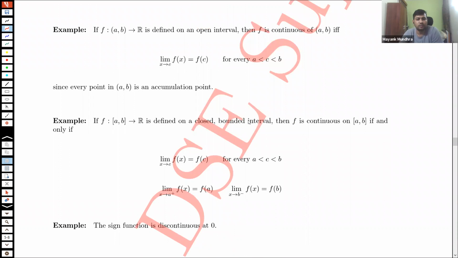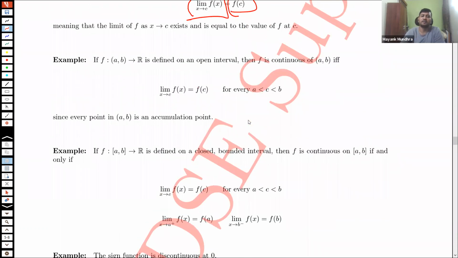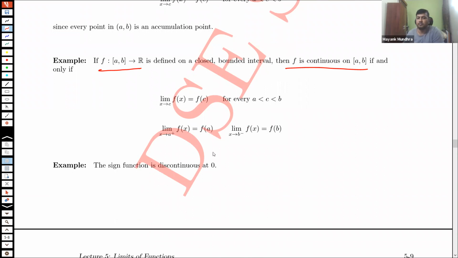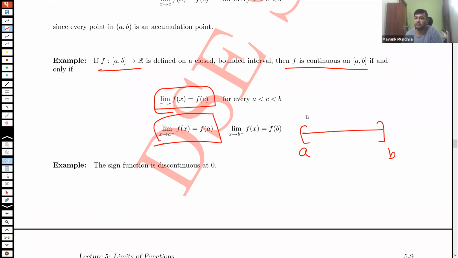This is the definition for a function being continuous. We say a function is continuous on an interval a to b if the limit for all interior points is equal to the functional value. I'm saying there's some boundary a to b over which I'm defining some function.